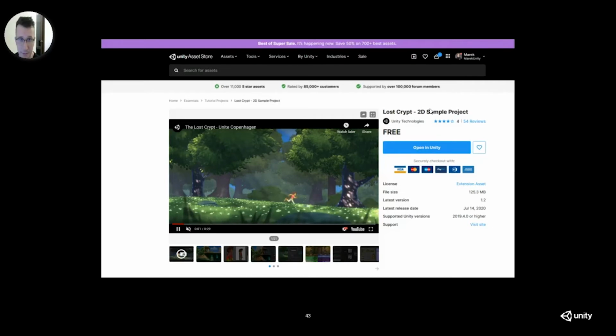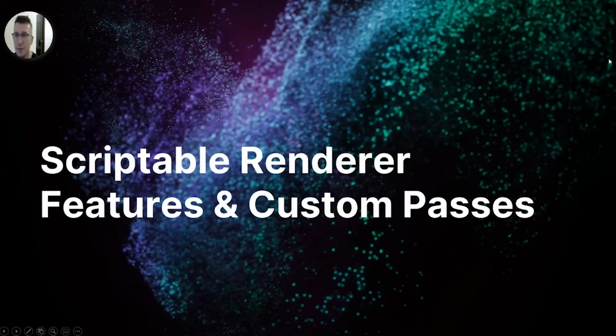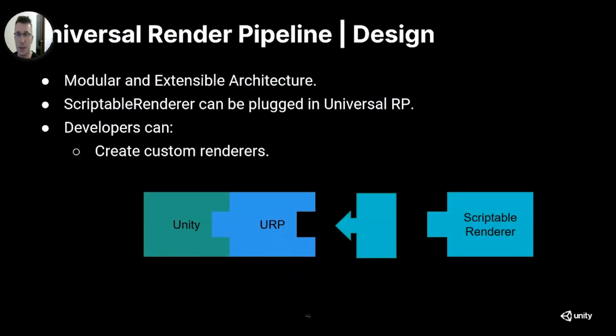The next thing I want to talk about is the concept of the scriptable renderer features and the custom passes. So with the Universal Render Pipeline, we designed it to be very modular and extensible. It comes with a concept of a scriptable renderer.